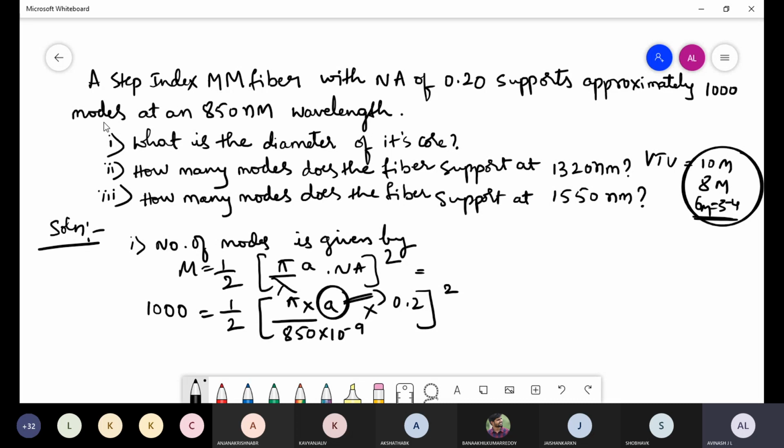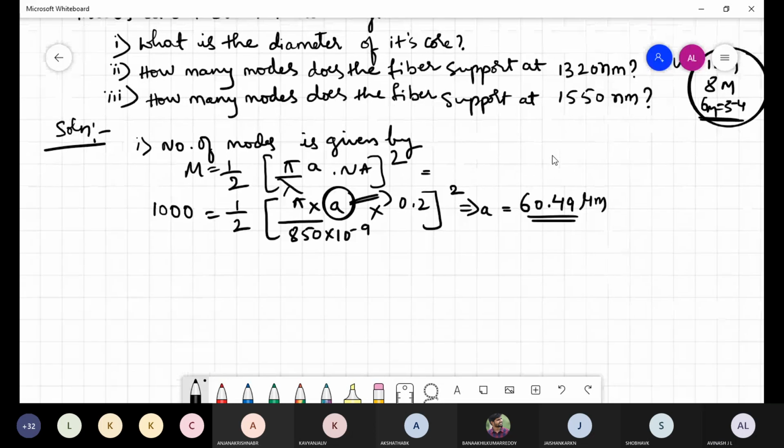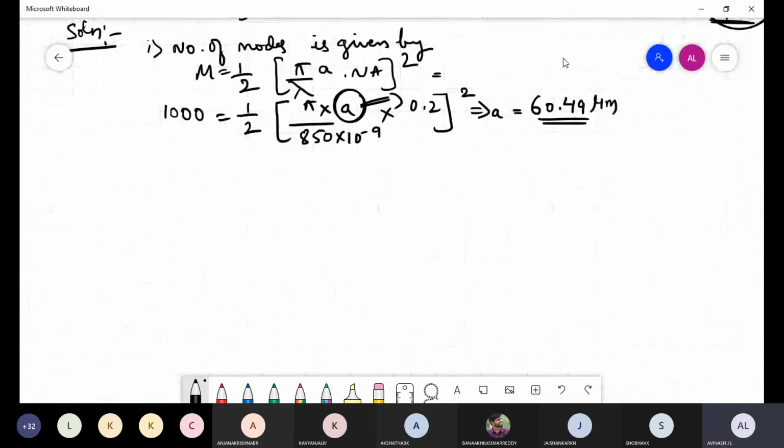If you calculate a out of it, a will be equal to 60.49 micrometer. Once you get this 60.49 micrometer as a, that is the core diameter.